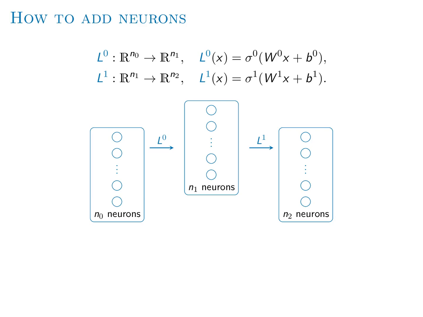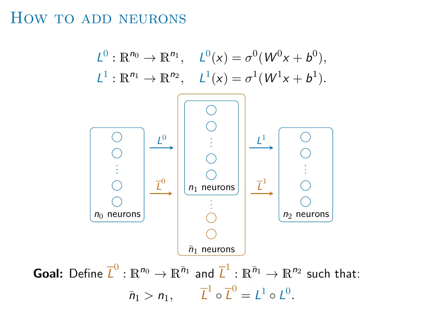Consider two consecutive layer operators L0 and L1 so that they are connecting three consecutive layers of neurons. We want to insert extra neurons in the middle layer. The mathematical description of this enlargement of the layer consists in defining two new layer operators, L0 bar and L1 bar, so that the domain that is in between both is larger.